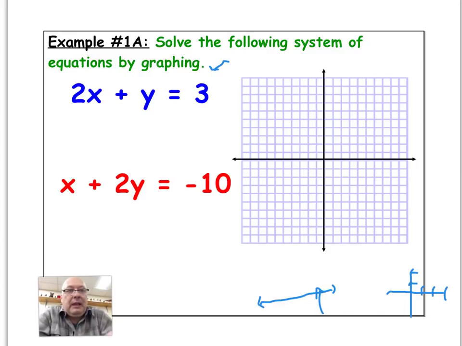Now, personally, for me, this one's so easy to get into y equals mx plus b. I'm just going to move that 2x to the other side, so subtract it from both sides, so that I can do this line very easily. Y equals negative 2x plus 3. You go up to 1, 2, 3 on the y-axis, make your dot, and then you're going to go down 2 over 1.